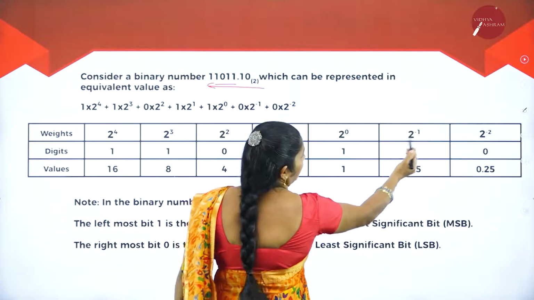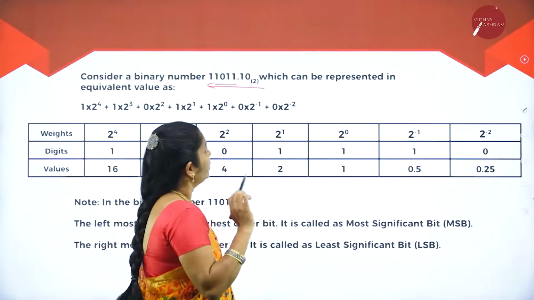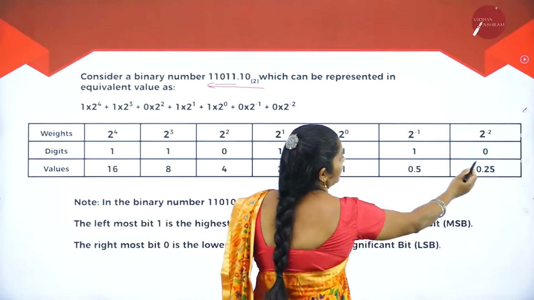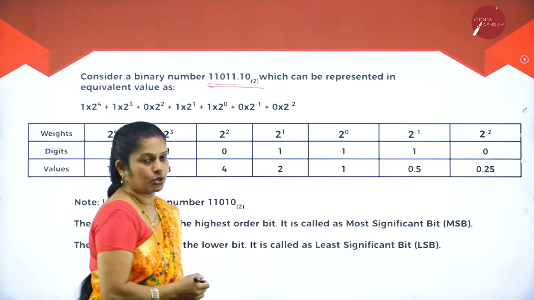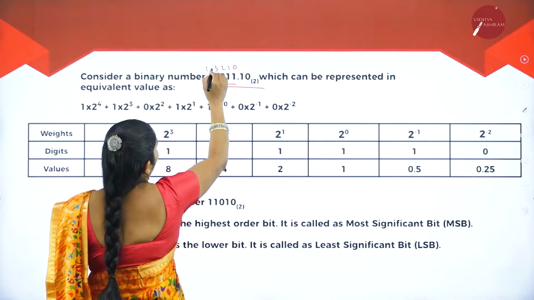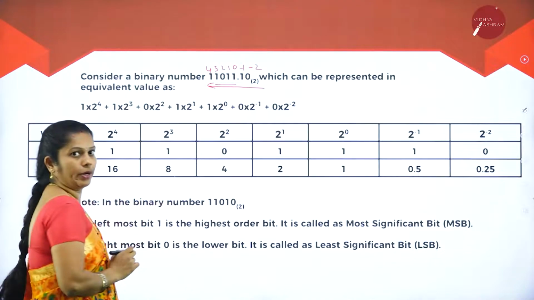After the point, if you observe, 11011.10: 1 into 2 to the power of minus 1, 0 into 2 to the power of minus 2. Here the powers are 0, 1, 2, 3, 4; after the point, minus 1, minus 2 we have to represent.